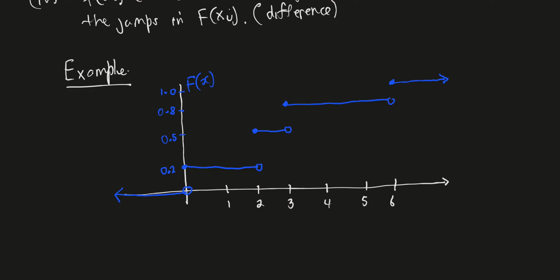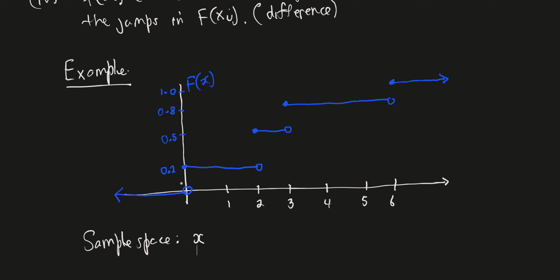So essentially you want to identify the sample space. So the sample space, and that's again where we use the lowercase x, and I'm just going to list the possible x's. How do I know which x's are possible? Those are the values of x at which you have those jump discontinuities, right?